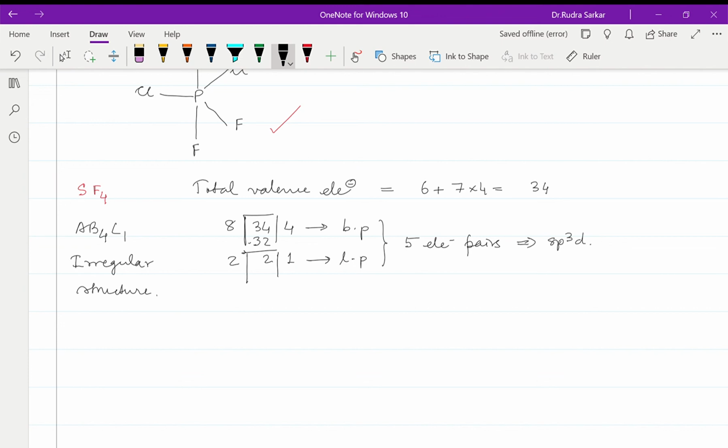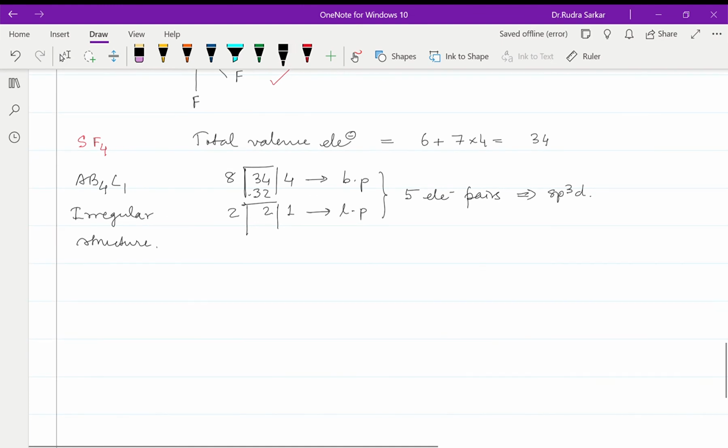In those cases, the geometry, which is an indication of the hybridization, will not be equal to the shape. So out here, having seen sp3d, one would have thought it would have a TBP structure, which is trigonal bipyramidal.